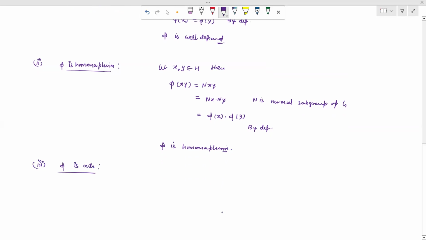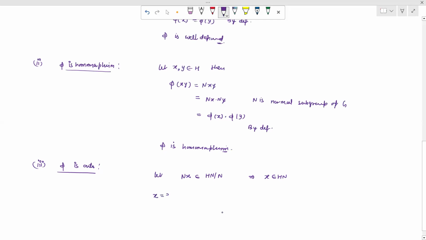For proving phi is onto, we take an element of HN over N. Let us consider the element Nx which belongs to HN over N. So here x belongs to HN. This N also works as identity, you know. So now we consider element x.